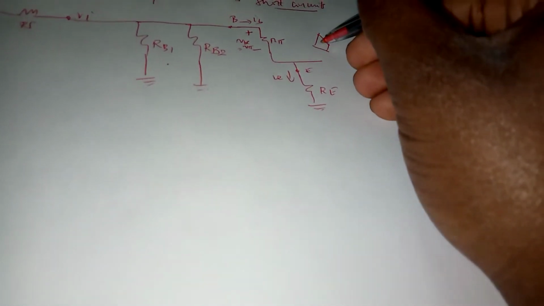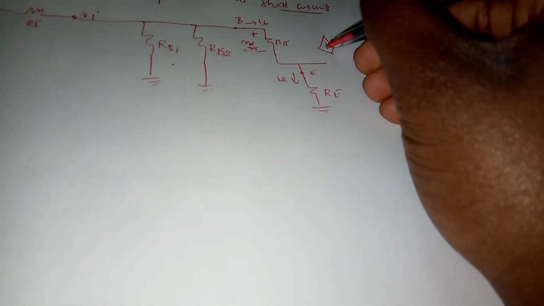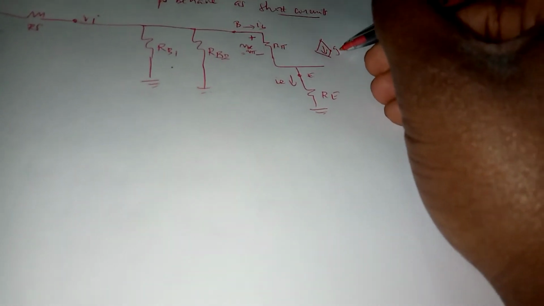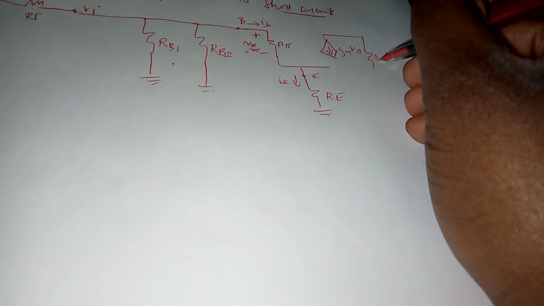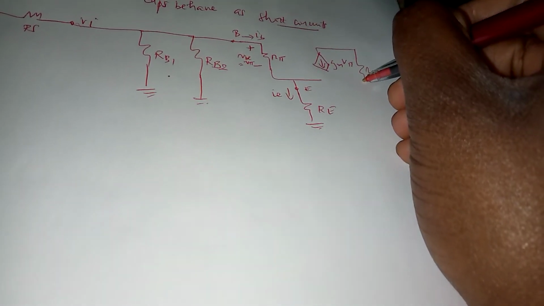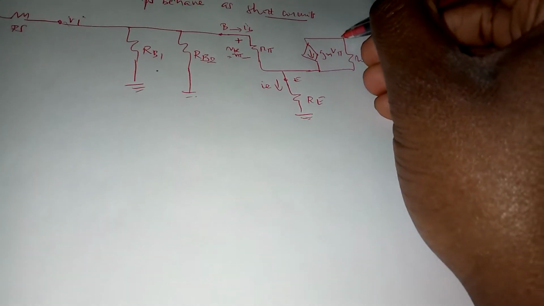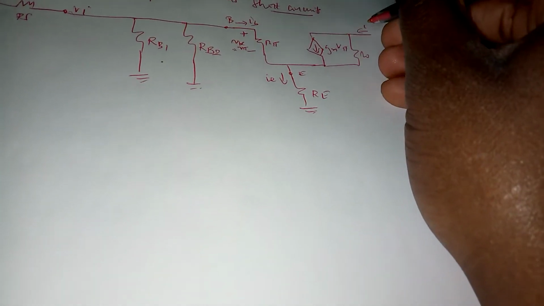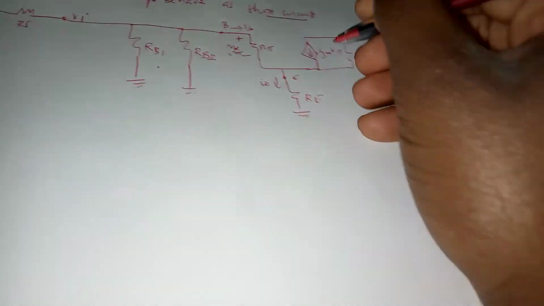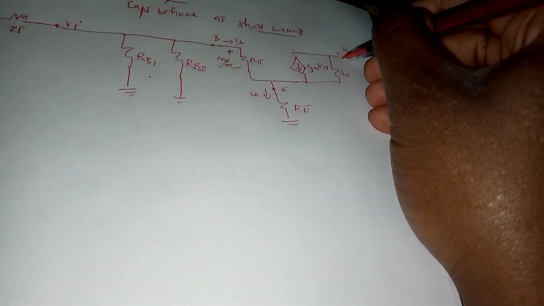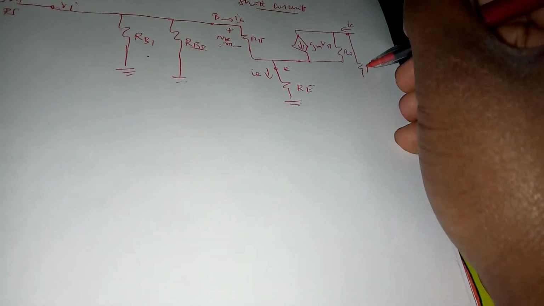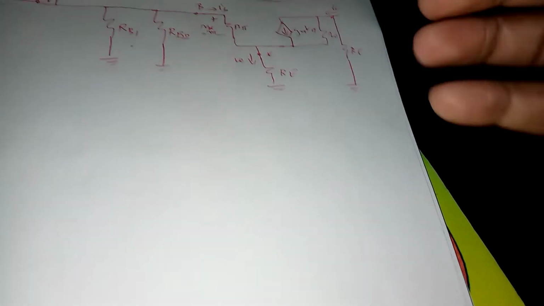On the collector side, it's NPN, so IC is flowing down. IC is equal to gm V pi. We still have RO, the internal output resistance. IC flows through RO and RC, all the way to ground.